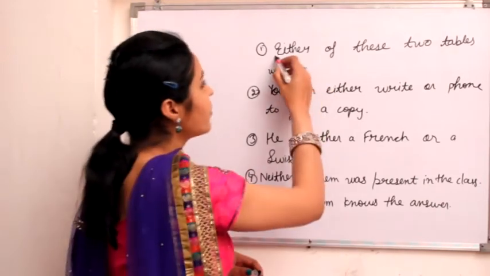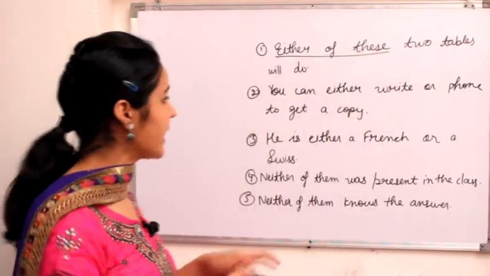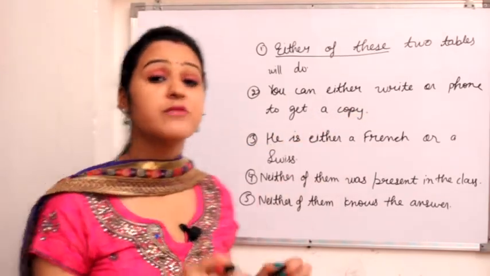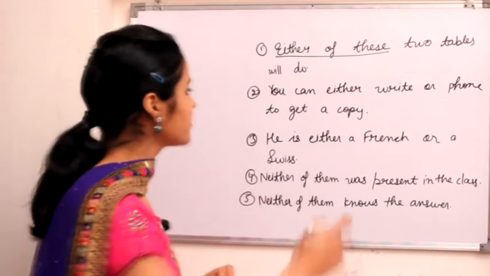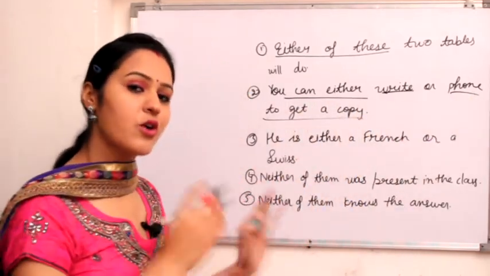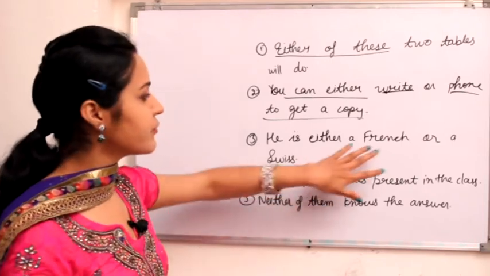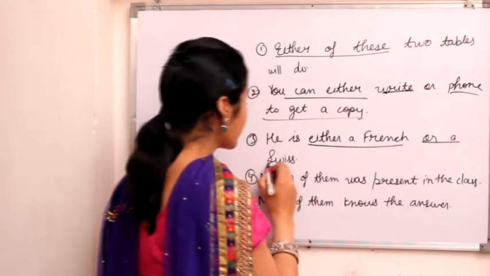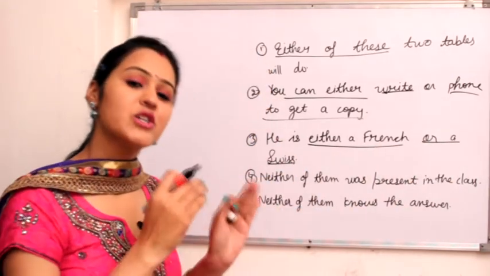So here I write, either of these two tables will do. It means both these tables. And you can either write or phone to get a copy. It means you have just two options. He is either a French or a Swiss. It means he is French or a Swiss.